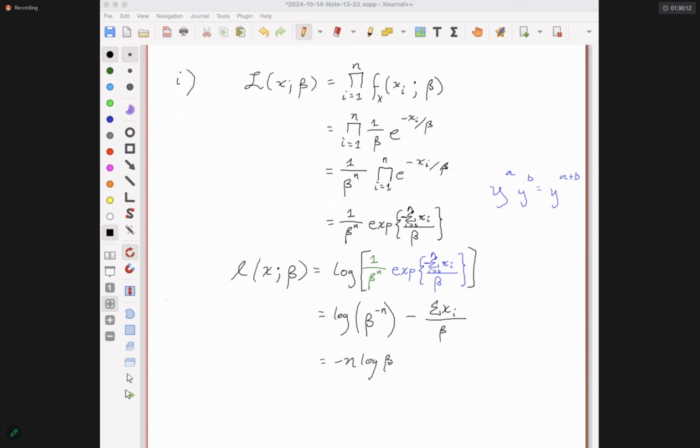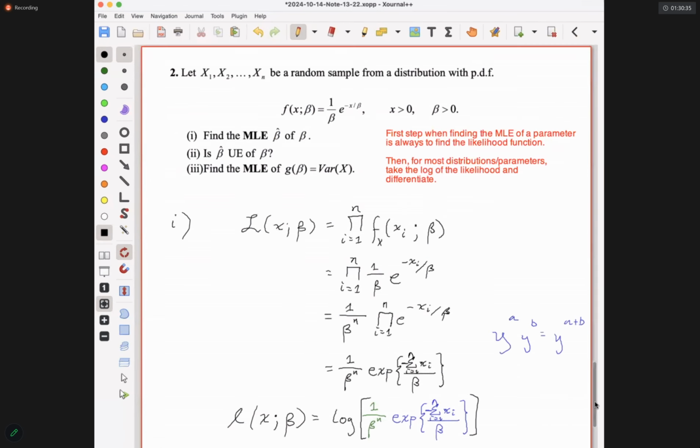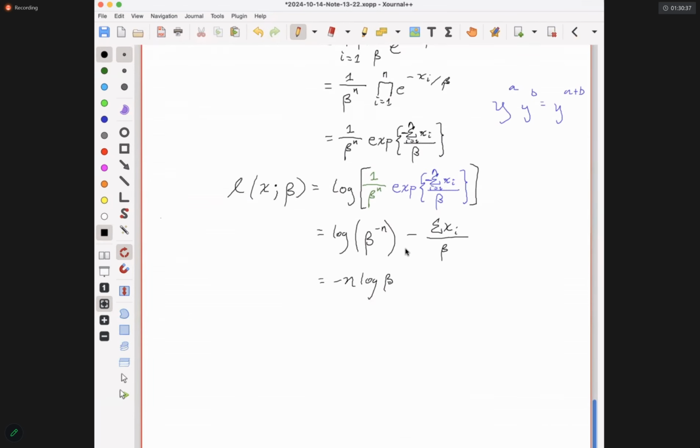Okay. And so then we have the negative n log beta minus sum xi over beta.